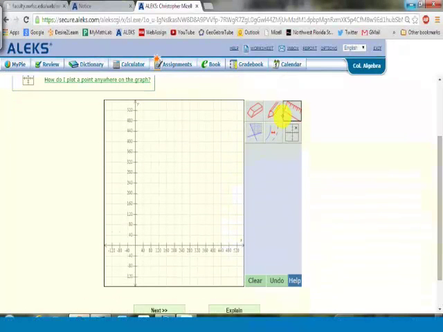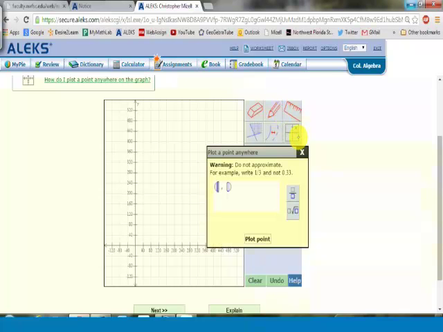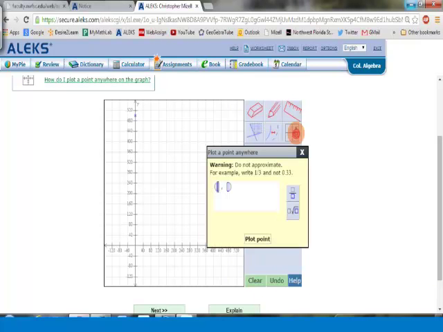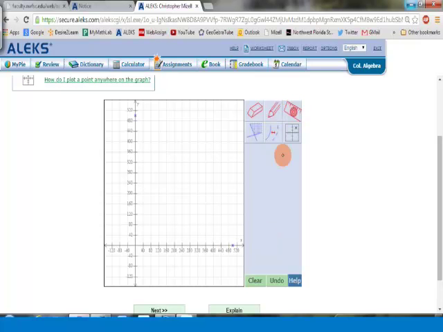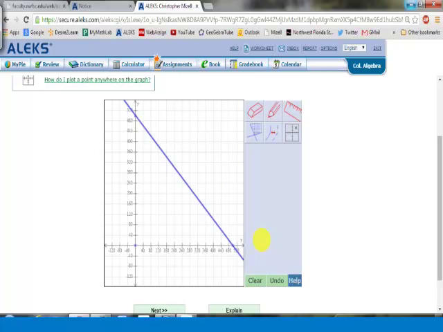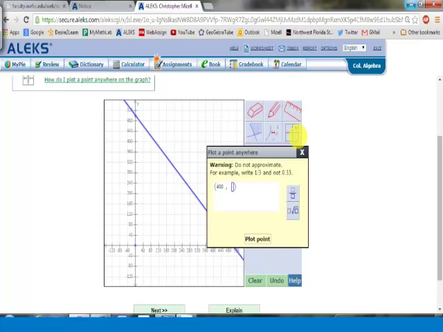So we plot the point 0, 500, and plot the point 500, 0, and connect those dots. Oh, indeed. There we go. And plot the point 0, 0. And plot the point 400, 100.